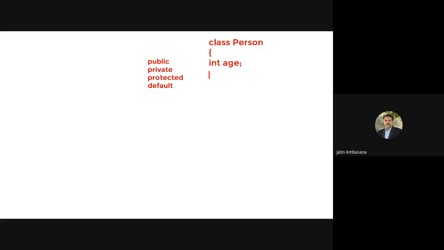Then suppose I make hobby private. So we specifically use the private keyword, right? Then if you want to use public, then we say public. That's name, that's public.